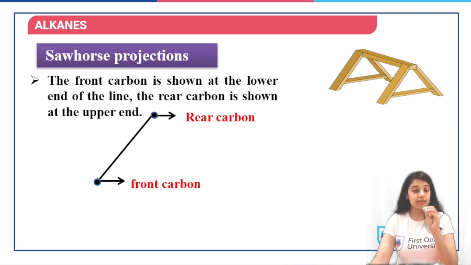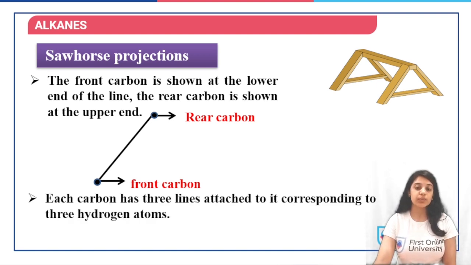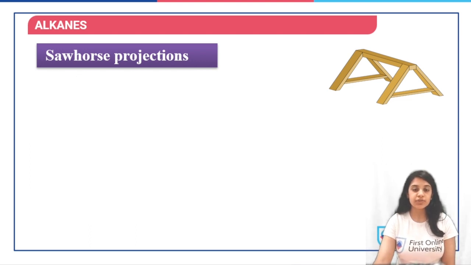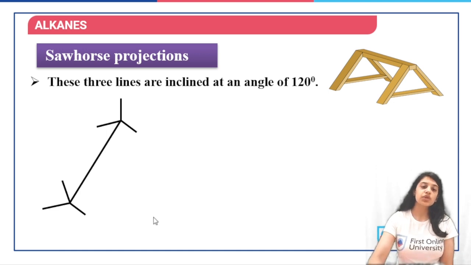This entire process is to explain how to draw the sawhorse projections. Now, each of these carbons has 3 lines attached to it that correspond to 1 hydrogen each, and these 3 lines are inclined at an angle of 120 degrees. So in the sawhorse, you will have this line on the paper representing a carbon-carbon single bond, and each of these 3 lines has to be drawn in such a way that they are at 120 degrees to each other.